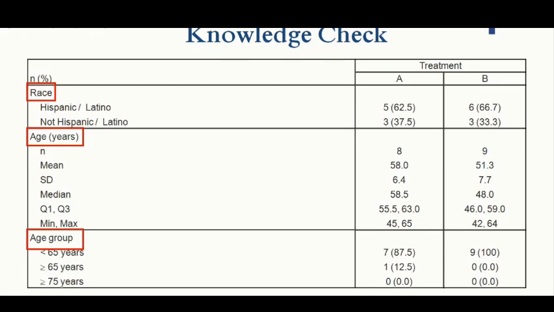Age group is classified as below 65 years, above 65 years, or above 75 years, and here you have the output for that. Could be numbers as well as percentages, or there are some intervals. So what are these measures and what do they try to tell us? That we will see in our next session, measures of central tendency and measures of dispersion.